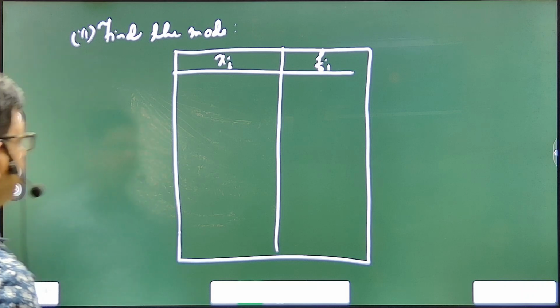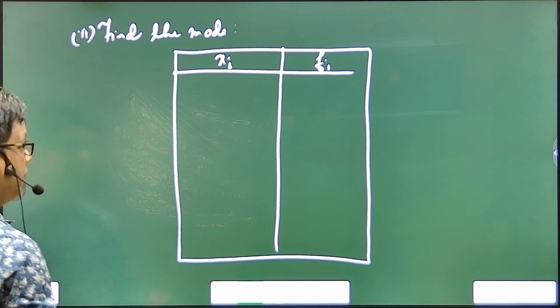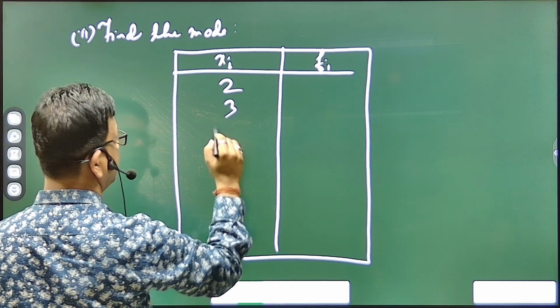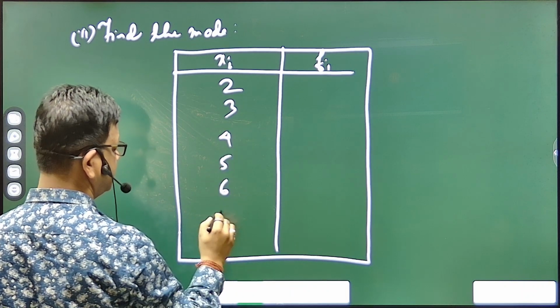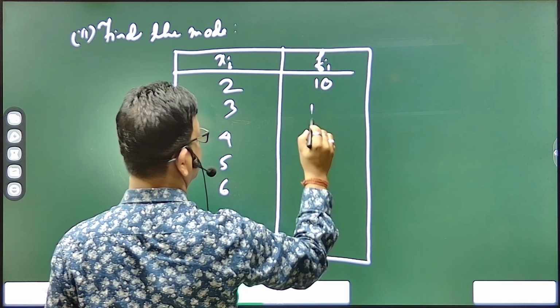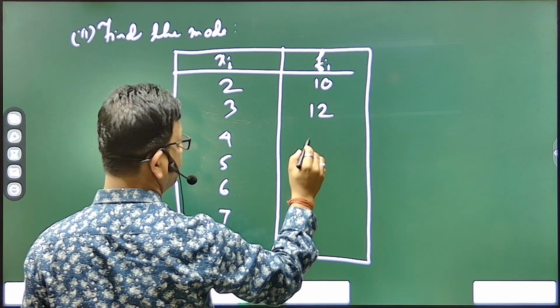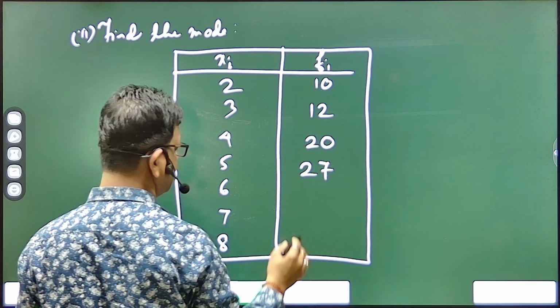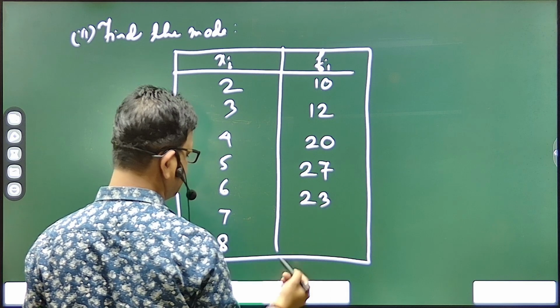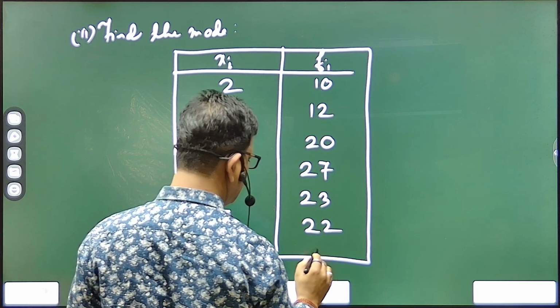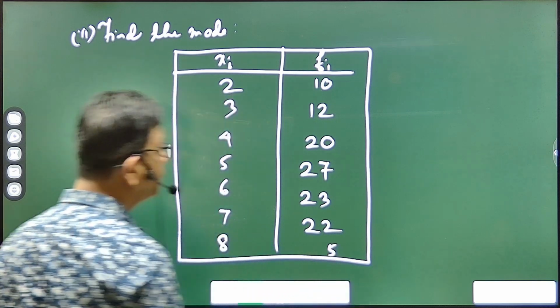Xi means the data, fi is the number of times occurring. Suppose 2, 3, 4, 5, 6, 7, 8. Now 2 occurred 10 times, 3 occurs 12 times, 4 occurs 20 times, 5 occurs 27 times, 6 occurs 23 times, 7 occurs 22 times, 8 occurs 5 times.